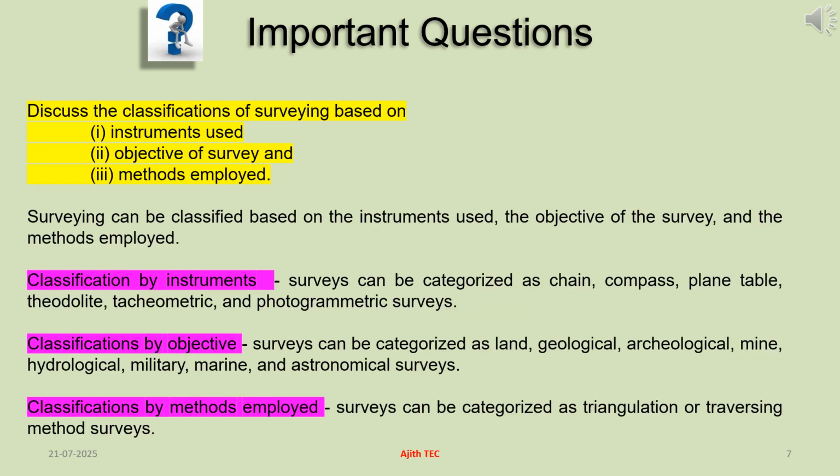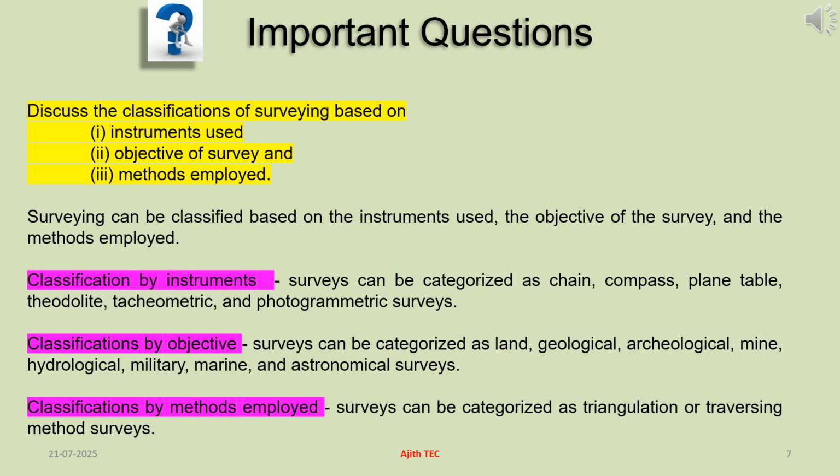Discuss the classifications of surveying based on 1. Instruments used, 2. Objective of survey, and 3. Methods employed. Surveying can be classified based on the instruments used, the objective of the survey, and the methods employed. Classification by instruments: surveys can be categorized as chain, compass, plane table, theodolite, tachymetric, and photogrammetric surveys.